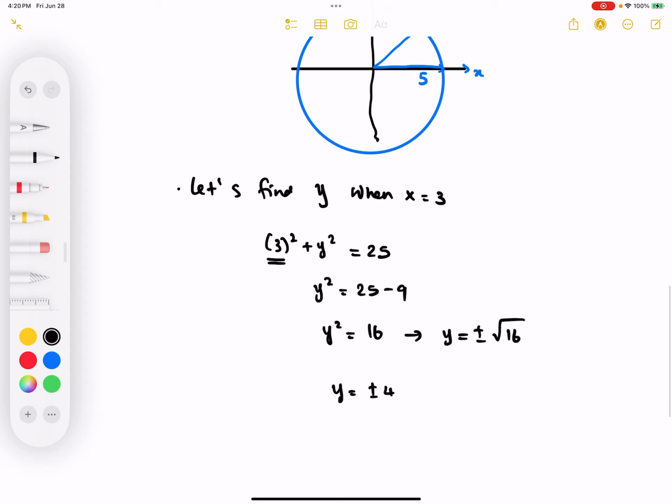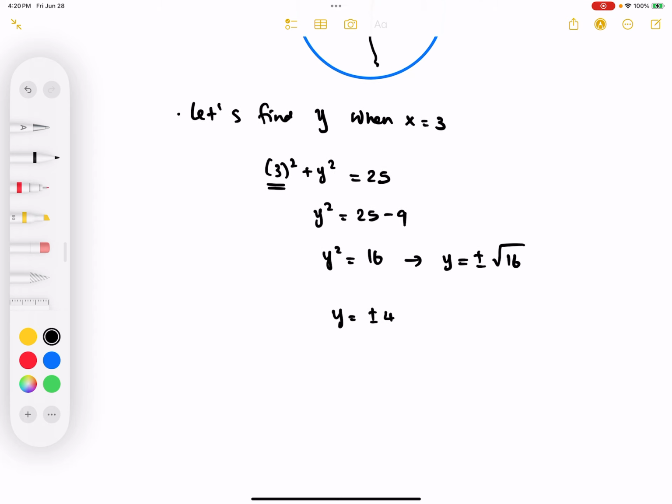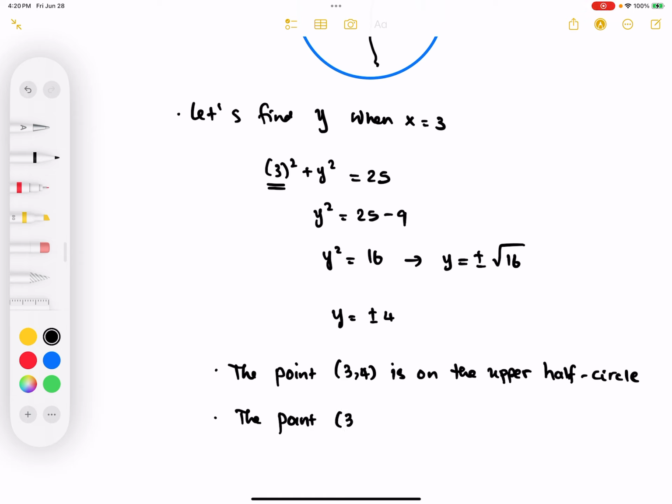So we have 2 points. The point 3, positive 4 is on the upper half circle, and the point 3, negative 4 is on the lower half circle.